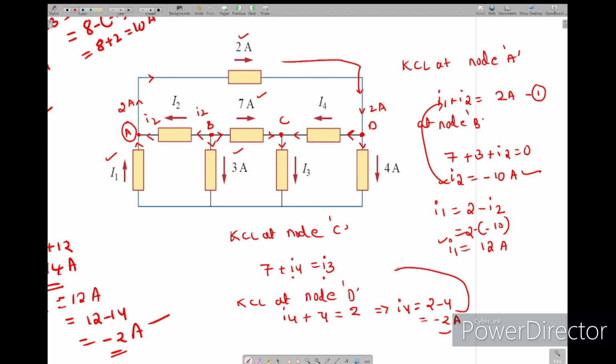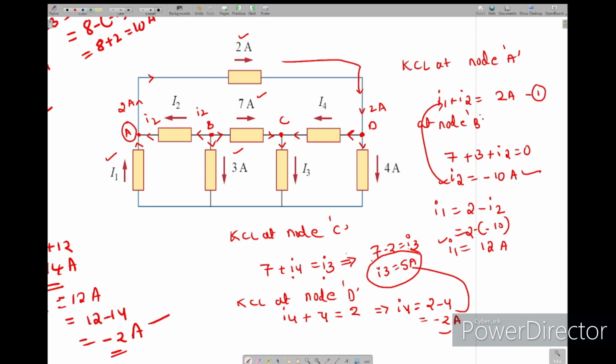Now we put this here: I3 equals 7 plus I4. Now here I4 equals minus 2, 7 minus 2 equals I3, so I3 equals 5 amps.